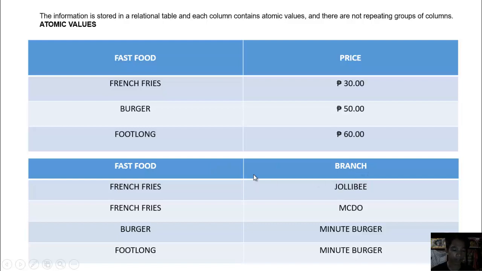A better solution to our problem is to separate the tables. So here, a fast food table and a fries table, and then the fast food name and the branch. Each table has a primary key used for joining tables together when querying data.